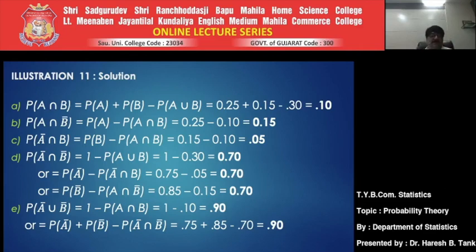So it is 1 minus 0.30, which is 0.70. Or it can be approached as probability of A complement minus probability of A complement intersection B, which is 0.75 minus 0.05, which comes to 0.70. Again, it can be approached as probability of B complement minus probability of A intersection B complement, which is 0.85 minus 0.15, which is 0.70.